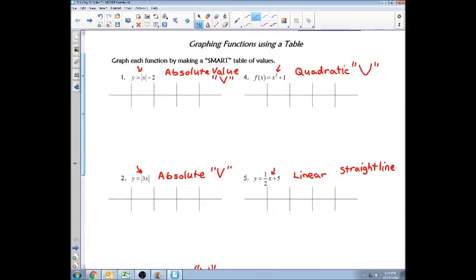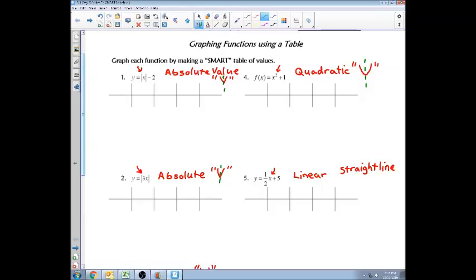So let's talk about what a smart table of values is. This V that you're looking at is going to split a graph perfectly down the middle. The U is also going to split a graph. So our V's and our U's are going to split a graph.